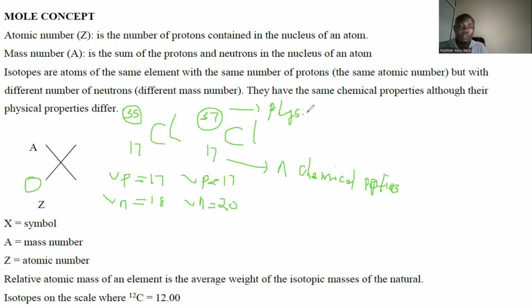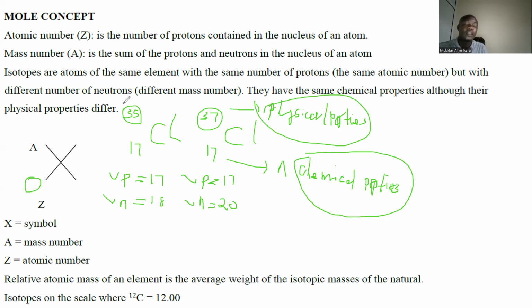It is an indicator of physical properties of an element. In this case, the atomic number of chlorine 35 and 37 is 17. Therefore, you can define isotopes as elements that have the same chemical properties but different physical properties, because the mass numbers are different.